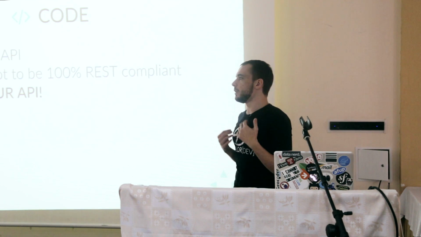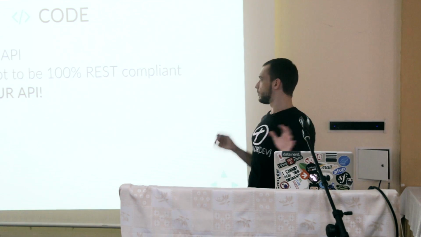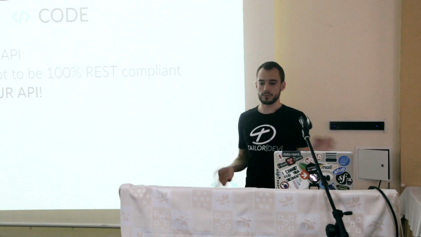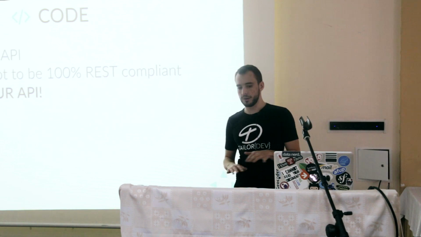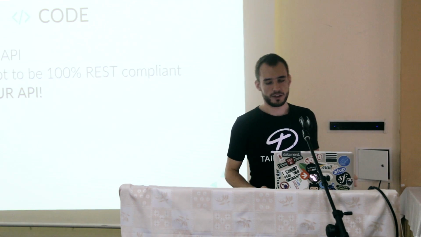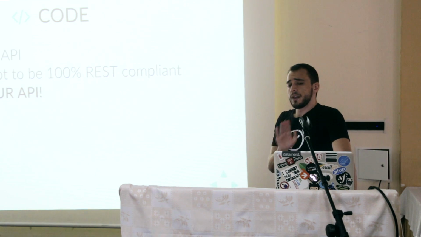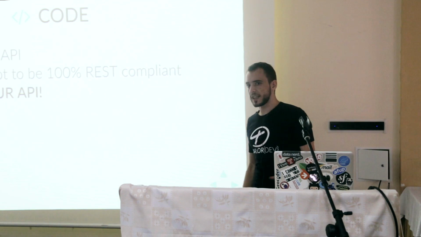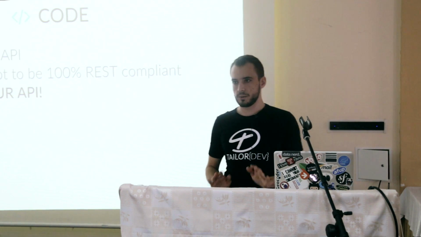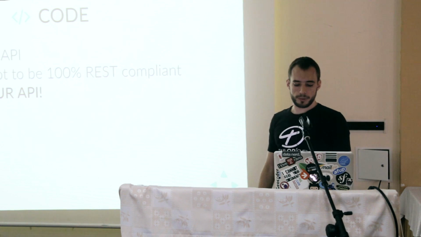The alternative, to me, would be to use JSON-LD with API Platform. Before going to this JSON API thing, I was more evangelizing JSON-LD, but now I'm a JSON API evangelist, right? And it's okay not to be 100% REST compliant. That's fine. We all know that REST is really complicated, and you must test your API.